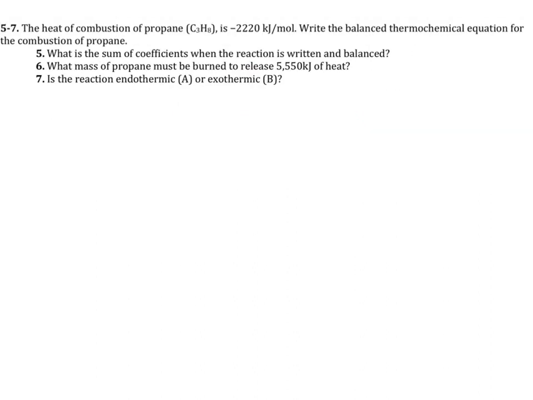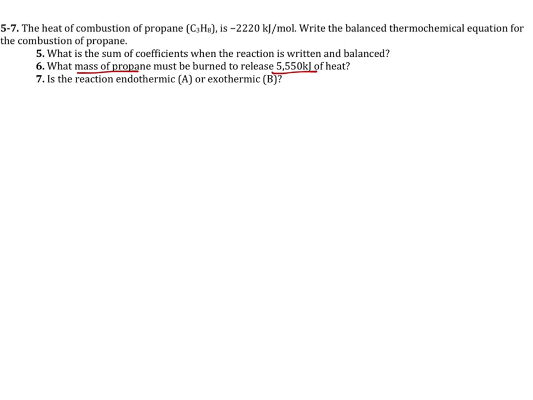All right, this next one. This next one is asking how much propane, so it's asking the mass of the propane, must be burned to release this many kilojoules of energy. So the first thing we need to do is write a balanced chemical equation.